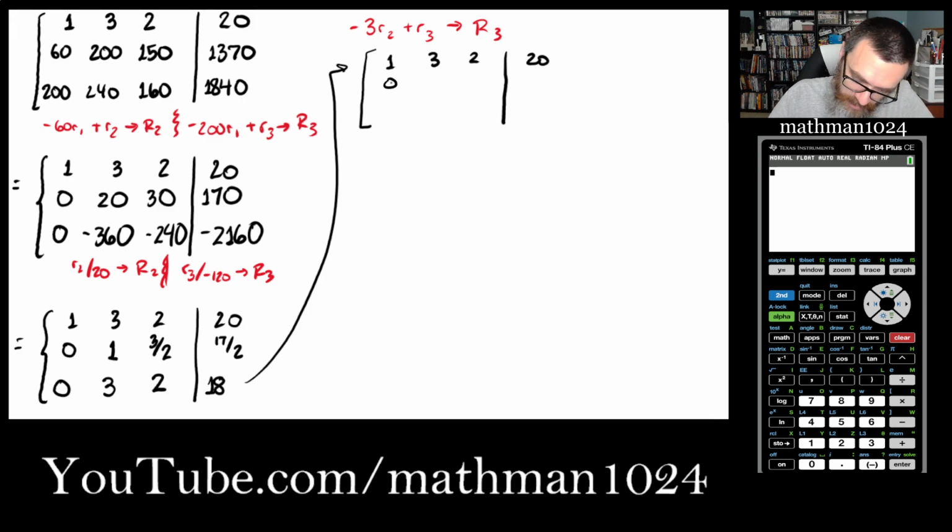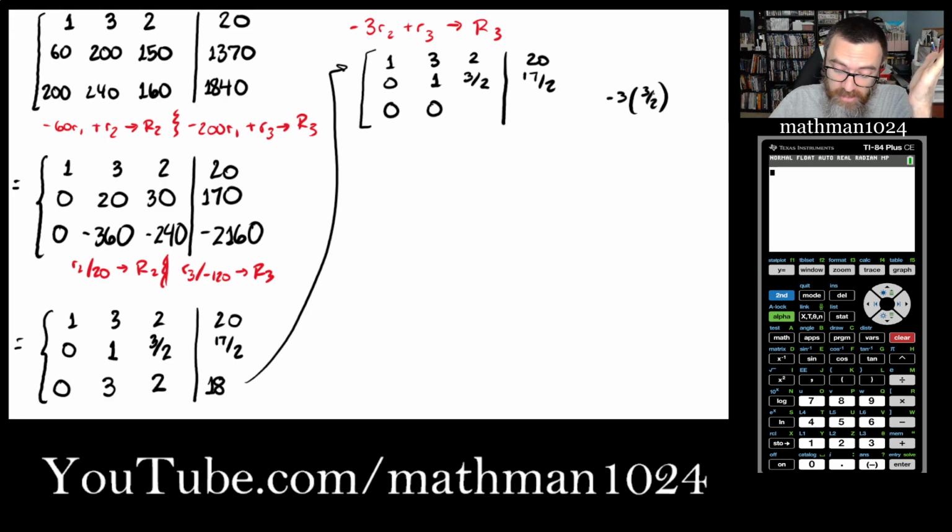All right, so it's still going to be 0, 1, 3 halves, and 17 halves. 0, 0. Okay, so we got to do negative 3 times 3 halves plus 2, so that's negative 9 halves. That's going to be plus 4 halves, so that's going to make this negative 5 halves.